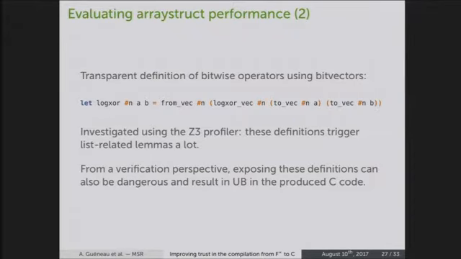Another aspect of performance, which is not directly related to array struct, but that I noticed using the Z3 profiler when trying to understand performance, is that our definitions for the bitwise operators are transparent, and they are modeled using bit vectors, which are effectively lists of bits.